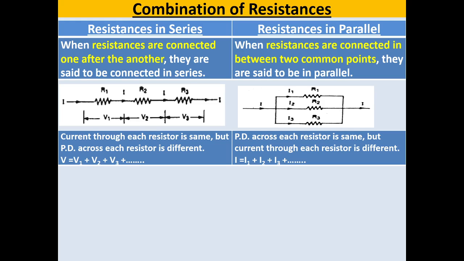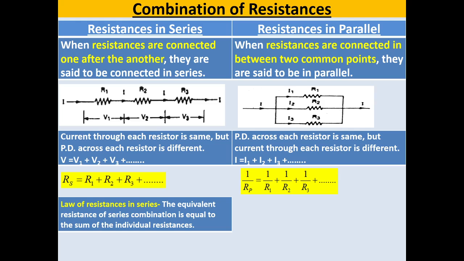So we write I is equal to I1 plus I2 plus I3 plus etc. In series combination, we have the equation Rs is equal to R1 plus R2 plus R3 plus etc. Whereas in parallel combination, we have 1 upon Rp is equal to 1 upon R1 plus 1 upon R2 plus 1 upon R3 plus etc.